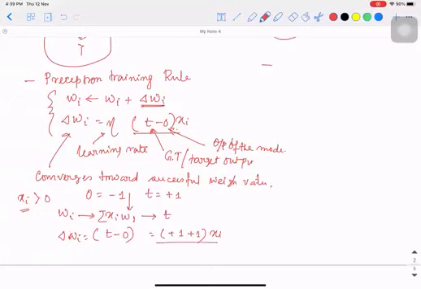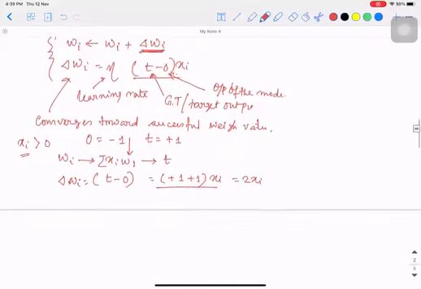So delta w is positive, and when you add delta w to the original w, the weight will increase. Now think about the correct cases: o equals -1 and t equals -1, or o equals +1 and t equals +1. In that case delta wi would be 0. There will be no update. That is also intuitive.